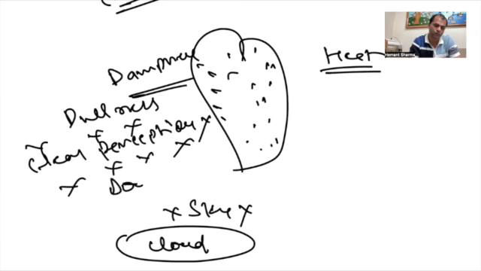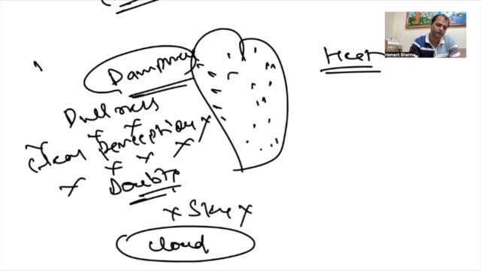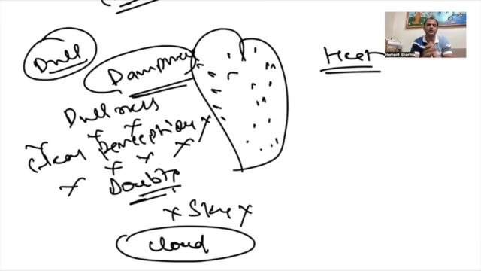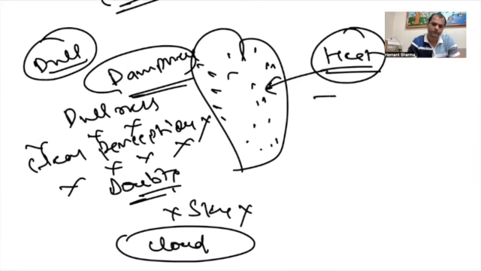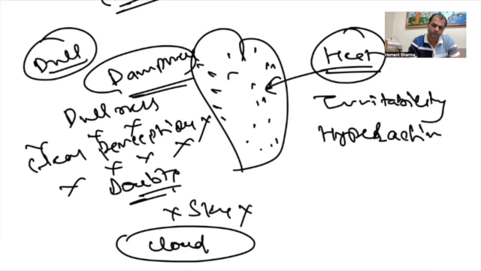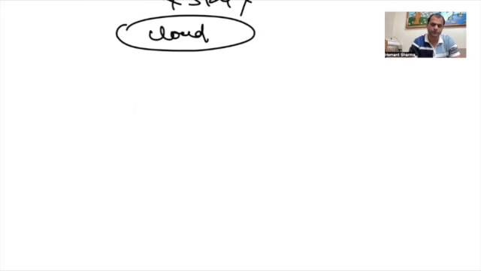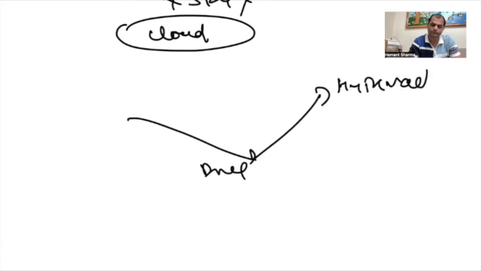The person has lots of doubts, and dampness makes the person dull. On the other side, heat in the heart creates irritability and hyperactivity. So sometimes the person is very dull, sometimes hyperactive. Dull because of the dampness and hyperactive because of the heat.